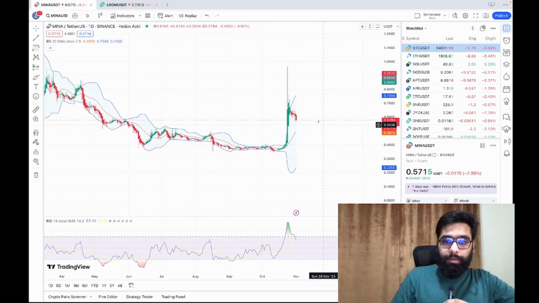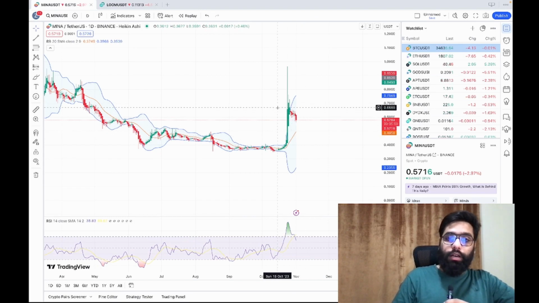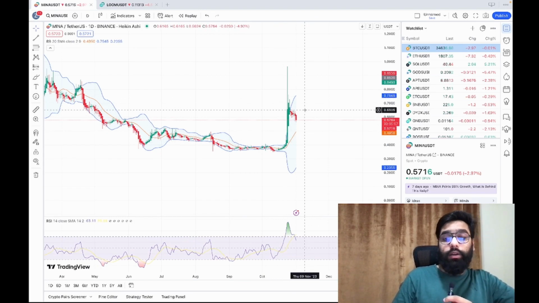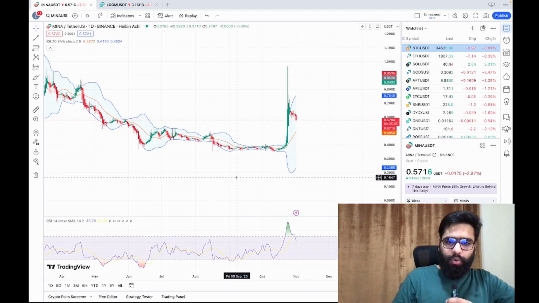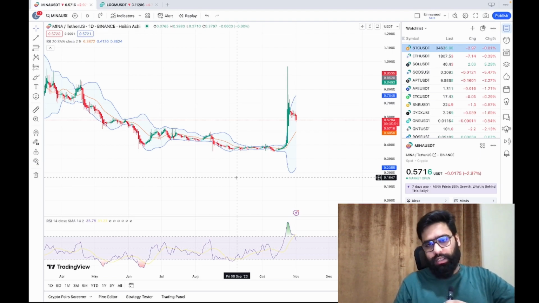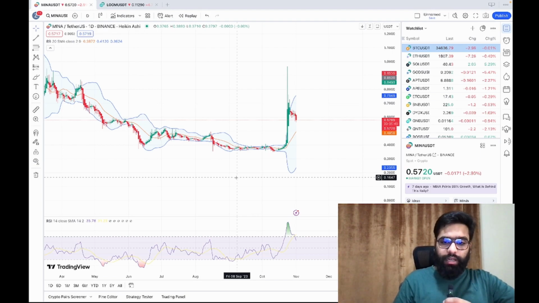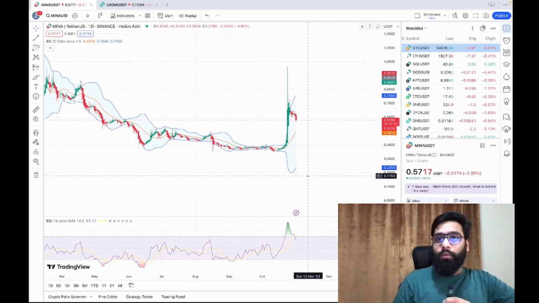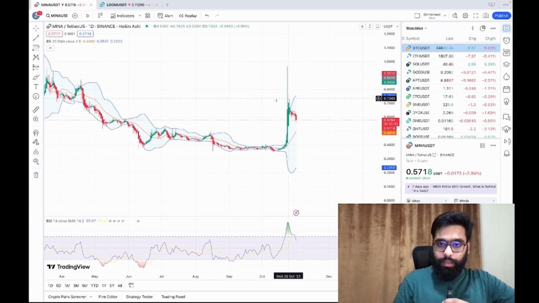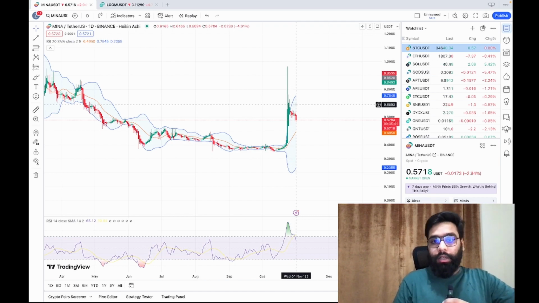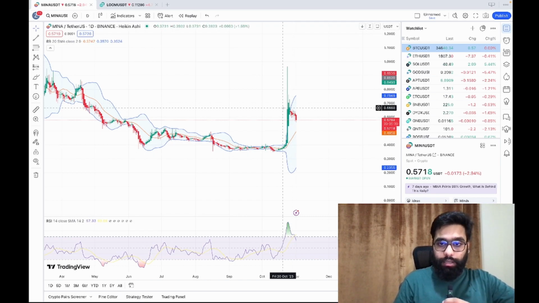So these are some tips according to the Bollinger Band, but I have asked you to add one more indicator, which was RSI. If it's very simple with the Bollinger Band, why do we need RSI? The reason we need RSI is for confirmation. What kind of confirmation? Here we can see that it touched the upper band, but still it surpassed that.